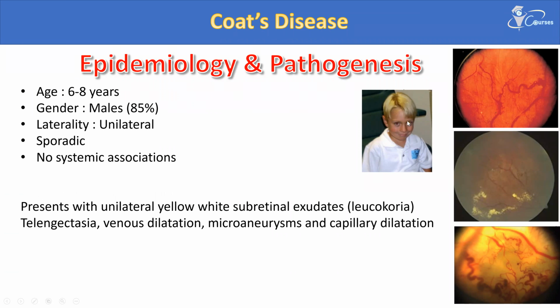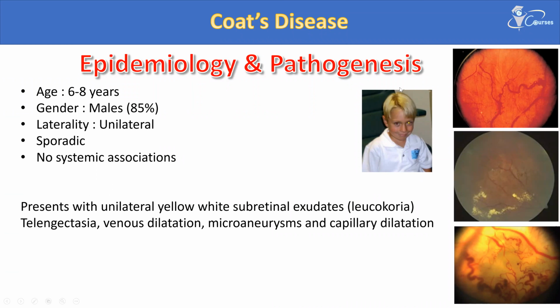What we can see here, the left eye shows leukocoria, because these patients will show unilateral yellowish-white subretinal exudates. These subretinal exudates make the patient look like having leukocoria. Remember in the differential diagnosis of leukocoria in the intraocular tumors, we said that Coats disease is one of the important differential diagnoses.